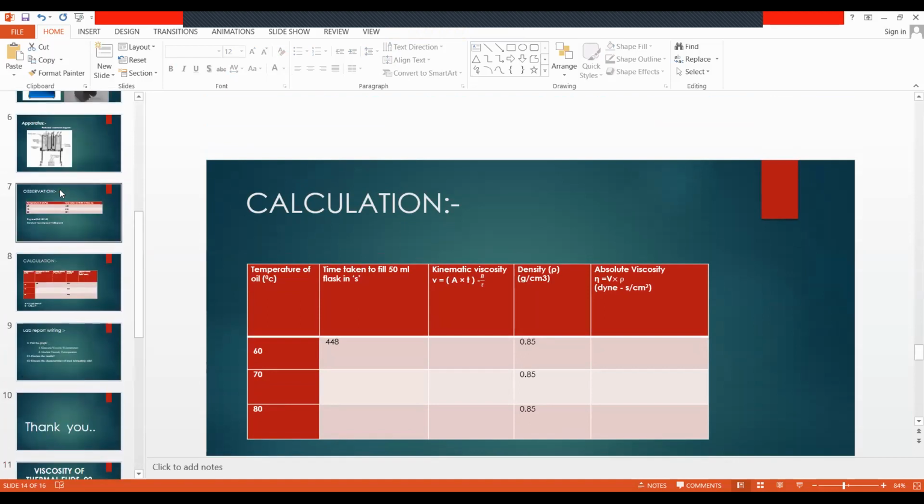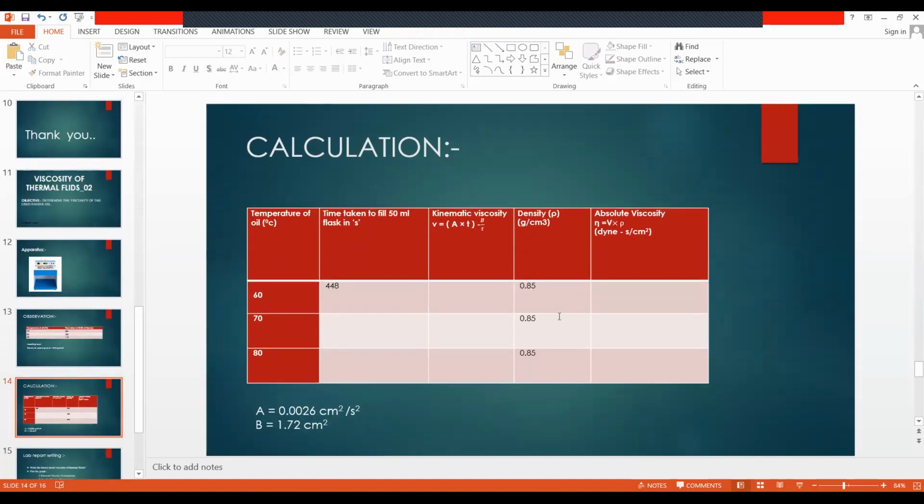We take the density as the same, but there will be a small difference, like 0.01, 0.02, 0.03. In every situation, comparing used oil or new oil, we assume the density will be the same.